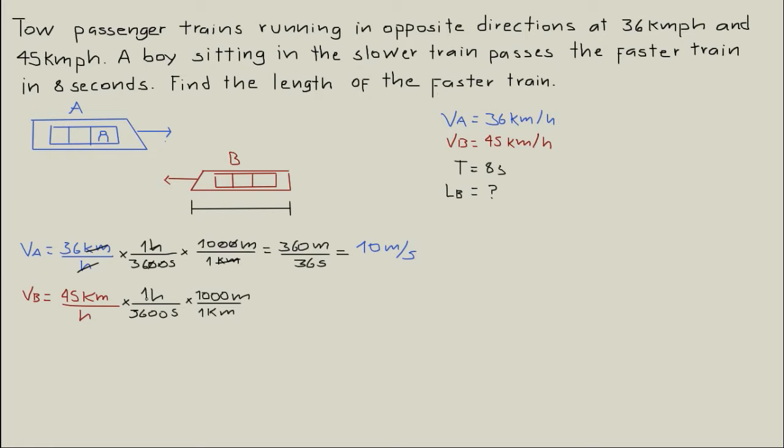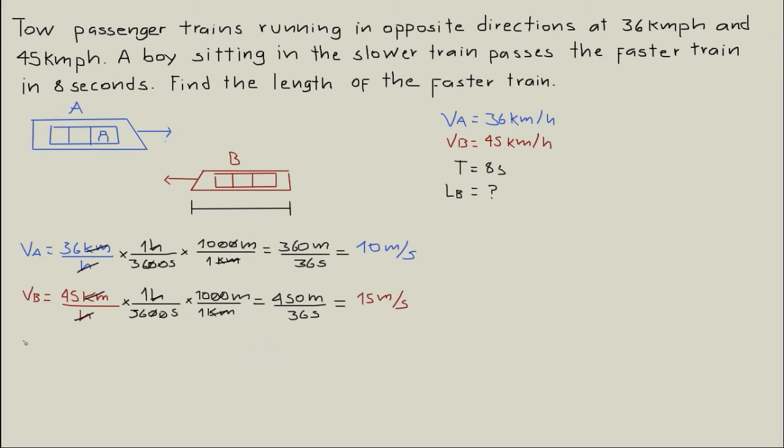Same as before, we can cancel hours with hours, kilometers with kilometers, and some of the zeros to simplify our calculations. So in the numerator we're left with 4050 meters, and yet again 36 seconds in the denominator. 4050 over 36 is just 15 meters over second, of course.